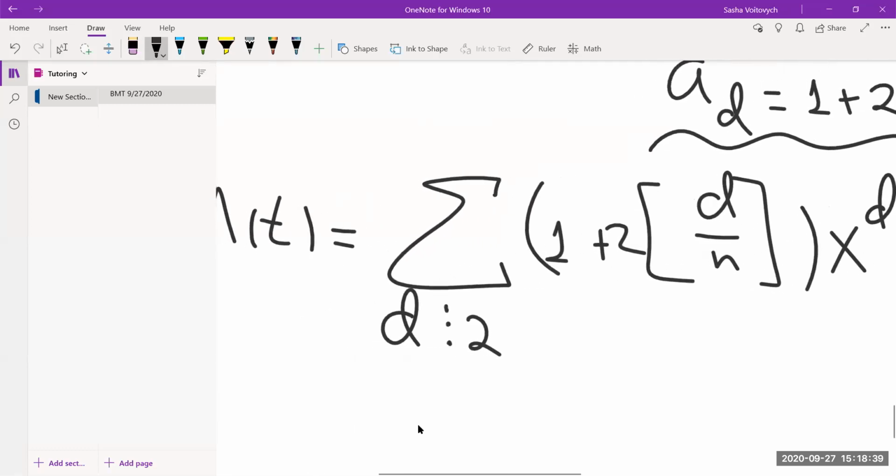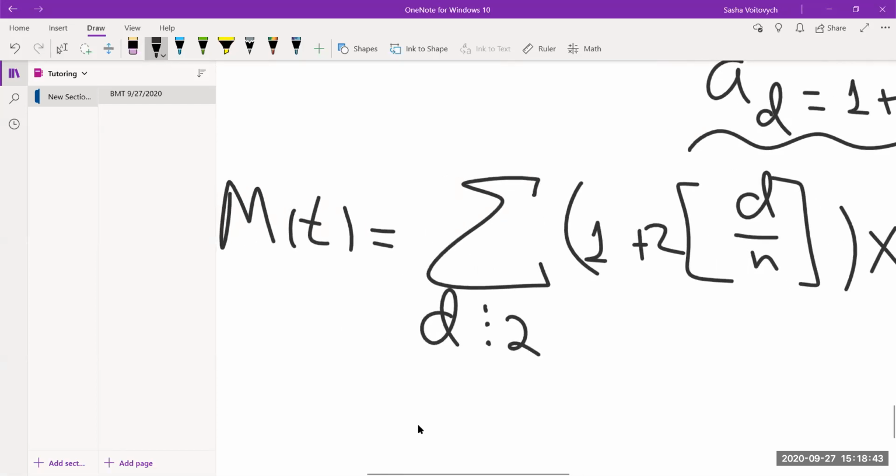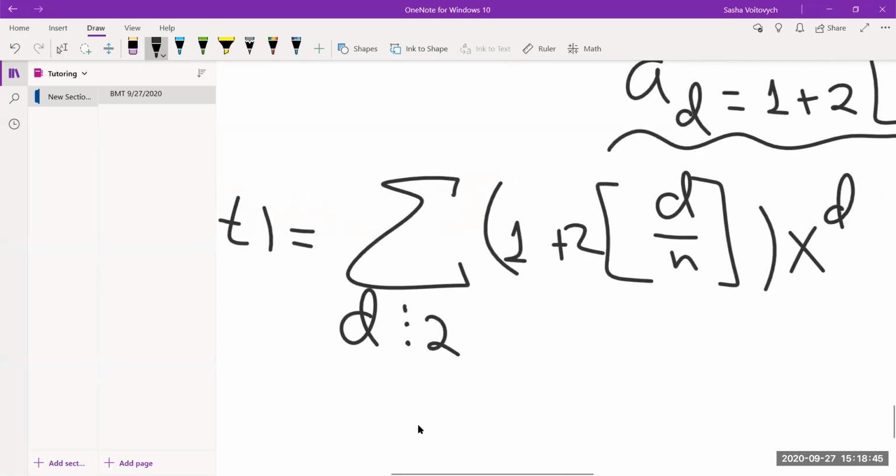Now we want to convert this infinite sum into something that we can work with. We want to fold this generating function into a regular expression. Here's how it's done.